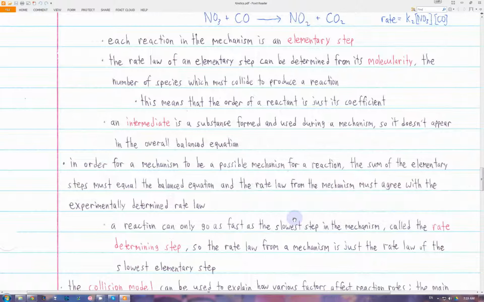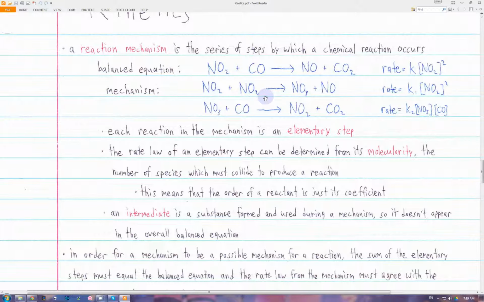So if we go back to this mechanism, we see that the rate law for the first elementary step agrees with the rate law for the overall balanced equation that we got through experiment. So this leads us to believe that the first elementary step is the slowest step in the mechanism.